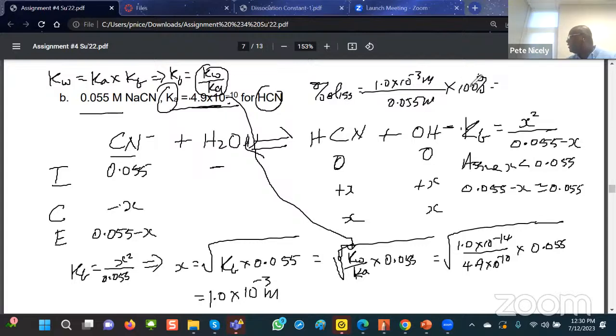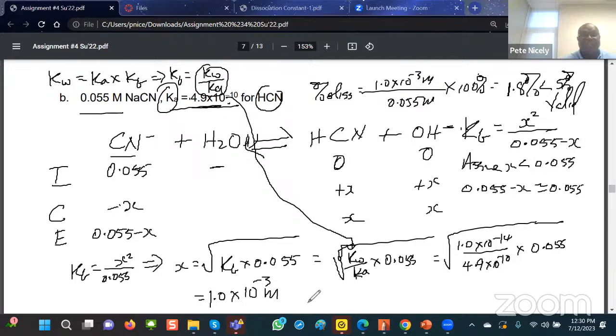And let's see what that gives. So 1 times 10 to the minus 3 divided by 0.055 times 100%. So the calculation results in the percent dissociation being equal to 1.8%. So that means that's less than 5%, which means that the assumption is valid.